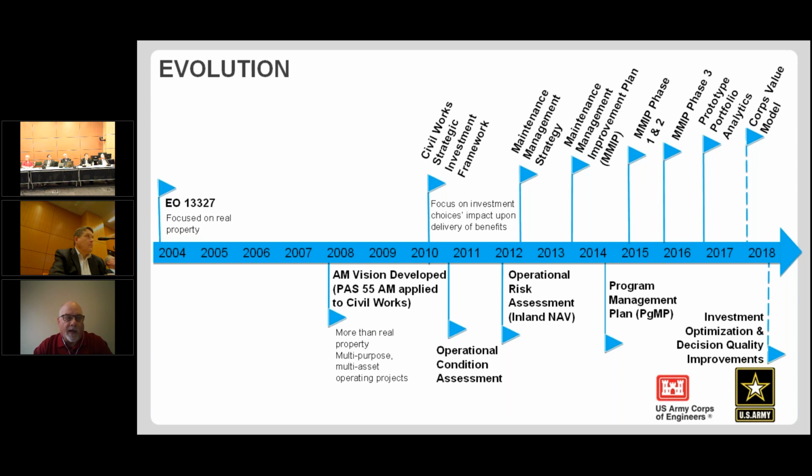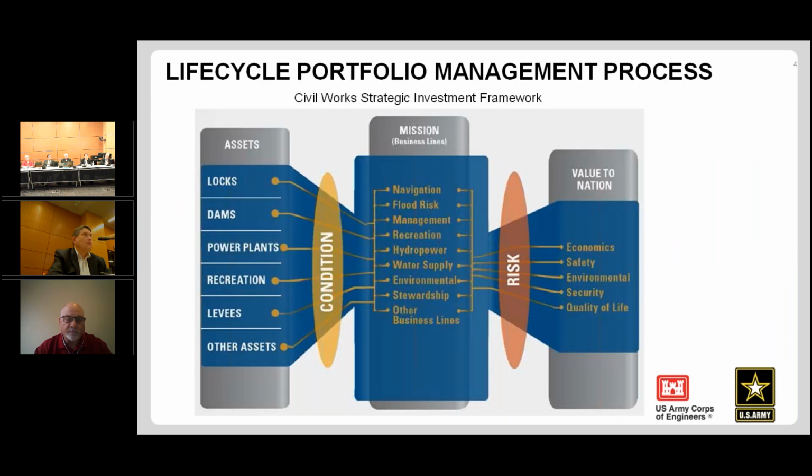And right now we're getting into some future actions, primarily our prototype portfolio analytics and a core value model, which we've just had some meetings on with higher level executives of the Corps this past week. Unfortunately I wasn't able to be a part of those, but I should be seeing some of the results at some meetings next week. Next slide, please.